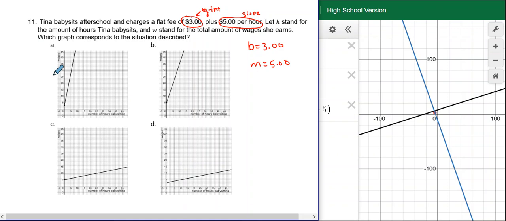So it's going up 5 and over 1, up 5 and over 1. This one is going up 1 and over 5. So here, the slope is 5 over 1, and here the slope is 1 over 5. So it's definitely this one. Okay?